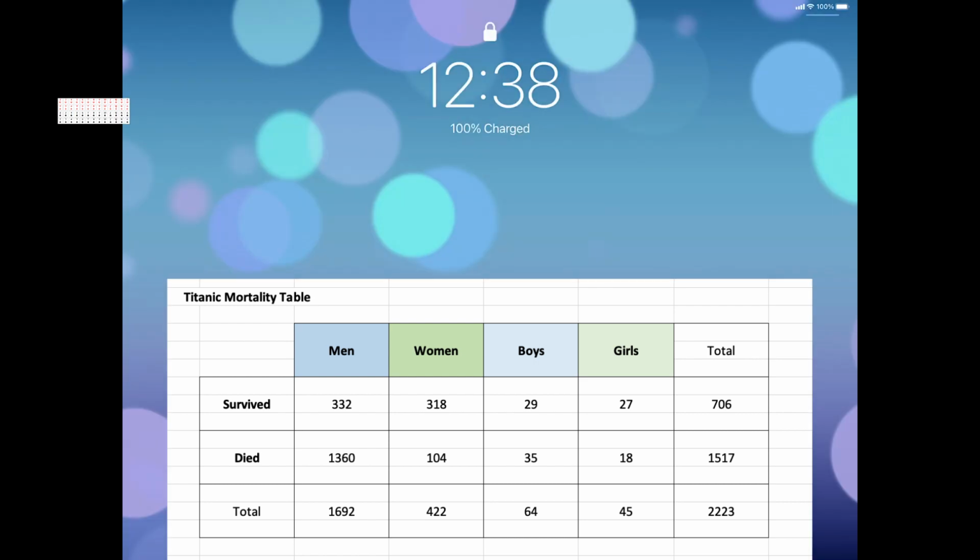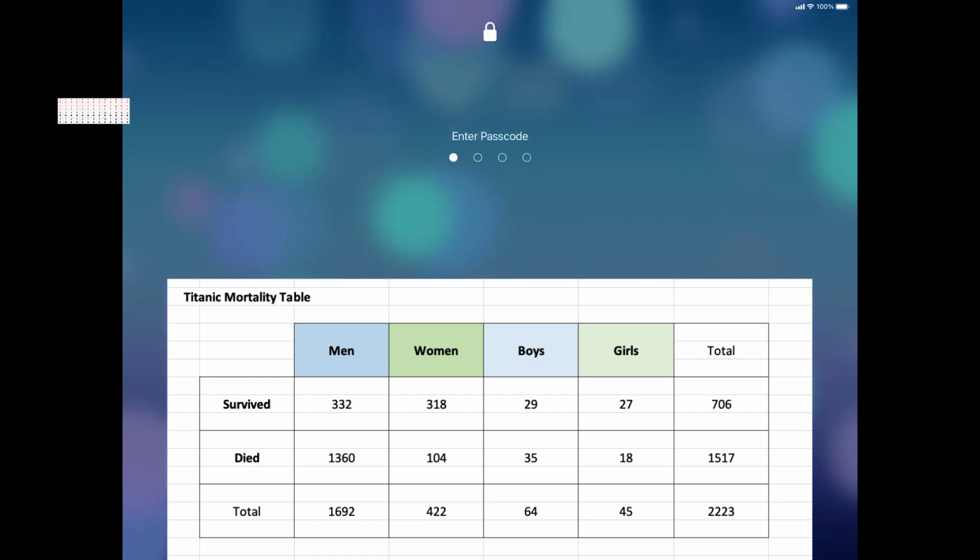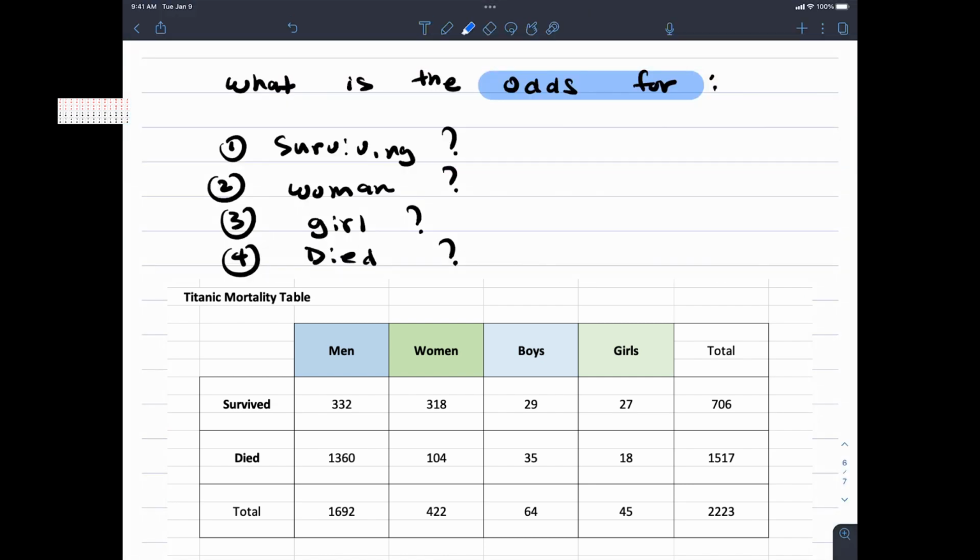All right, everybody. Let's try to work with what we did yesterday. Remember, odds is another way of measuring chance. Now remember, this is odds for, so you need the definition. The definition of odds for surviving: number of survivors to number of non-survivors.